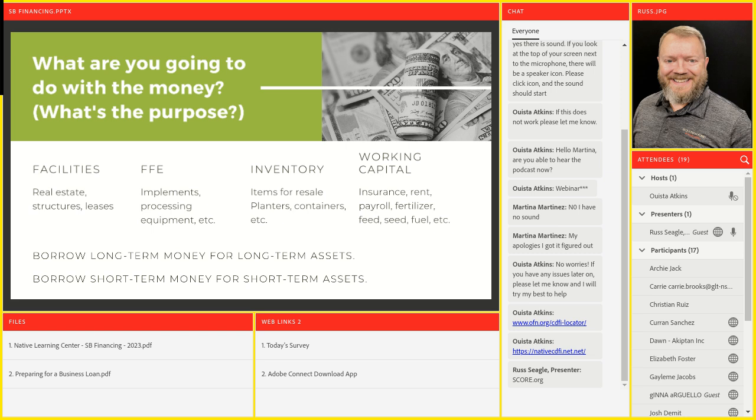It's the booths that your diners sit in to eat the food you make. It's necessary. It's also inventory. It's not the booths and the tables. It's the actual food. It's the items that you sell. If you have a floral business or a nursery, it's your planters, it's your containers.